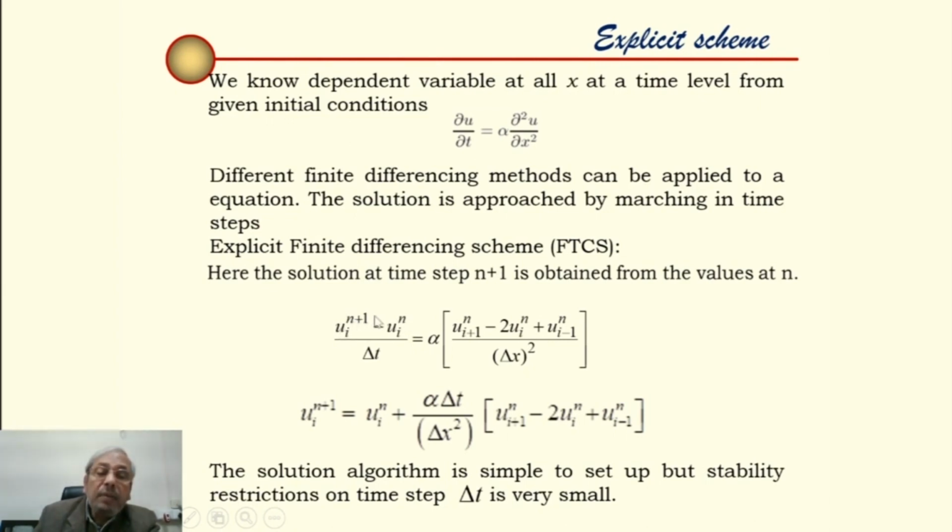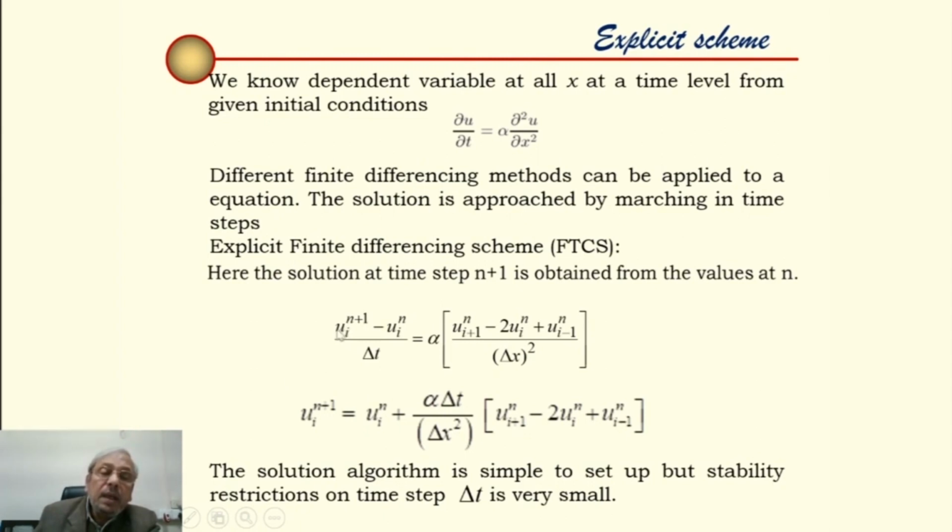So (u_i^n+1 minus u_i^n) by delta t, forward in time, equals alpha times central in space (u_i+1 minus twice u_i plus u_i-1), all at nth level, divided by delta x squared.